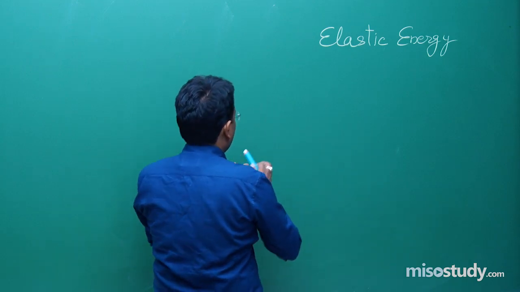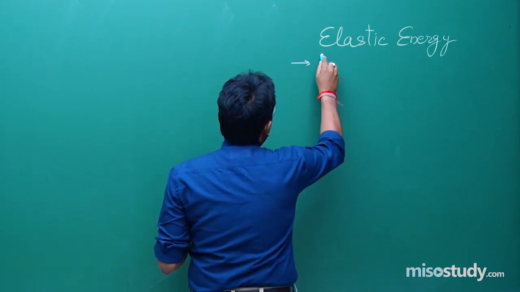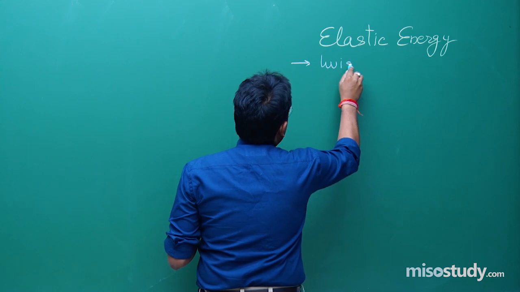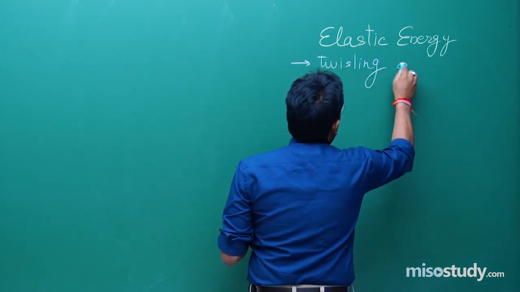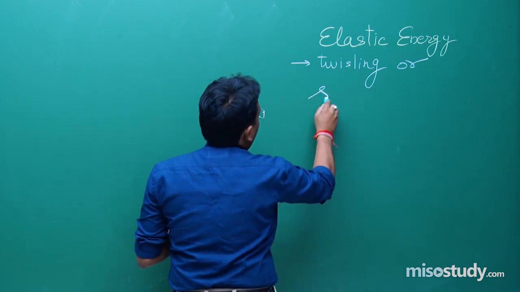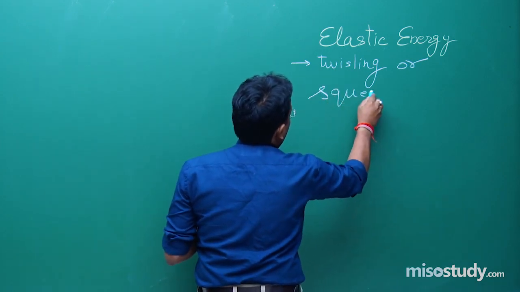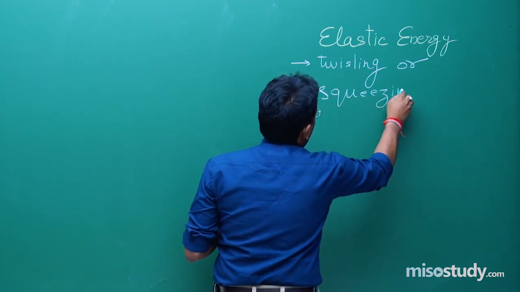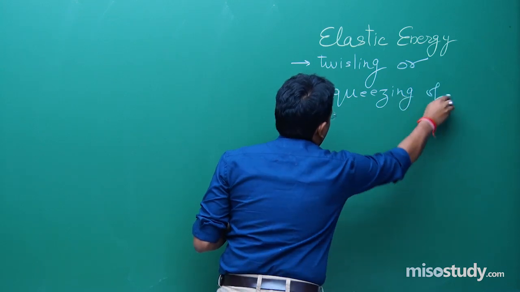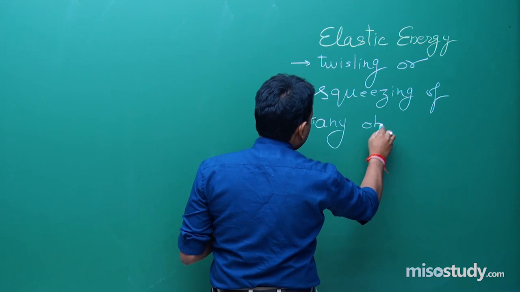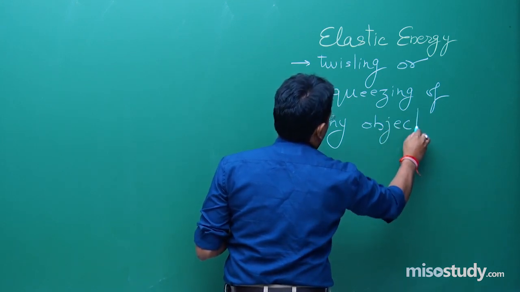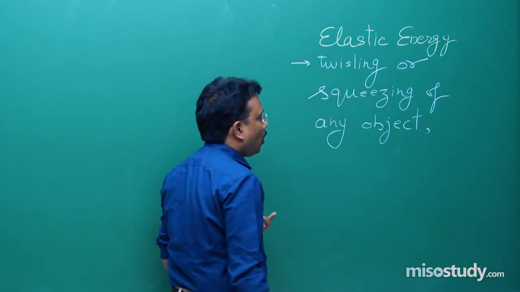So, important terms are here: twisting or squeezing of any object. It means what?